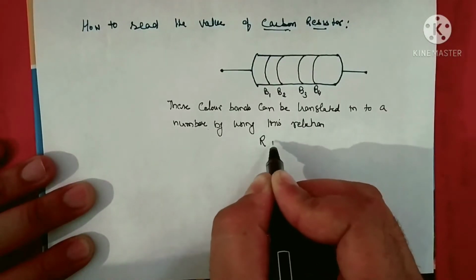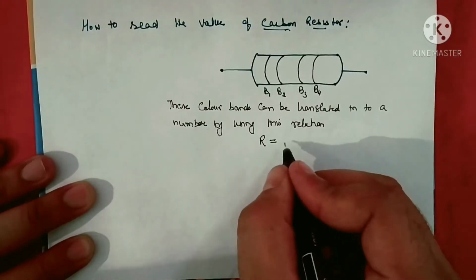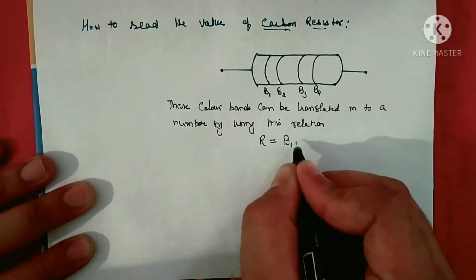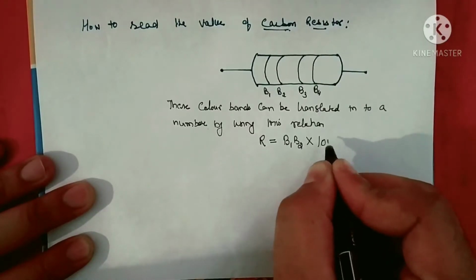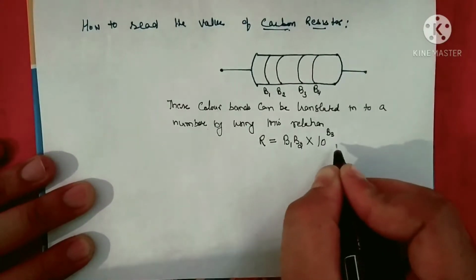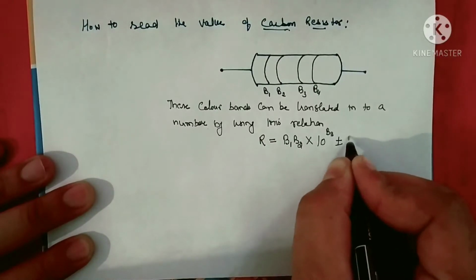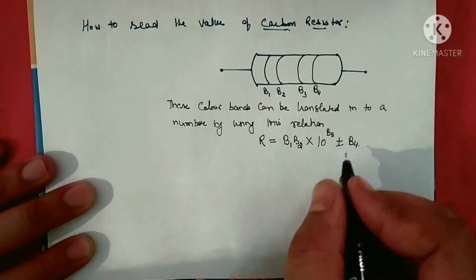Resistance can be written as B1 B2 times 10 to the power B3, plus minus B4.